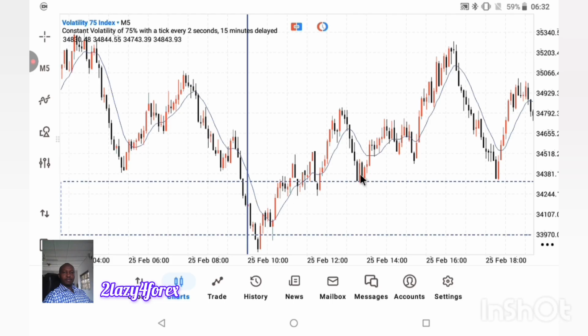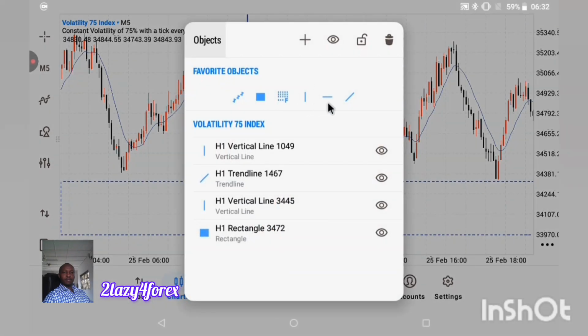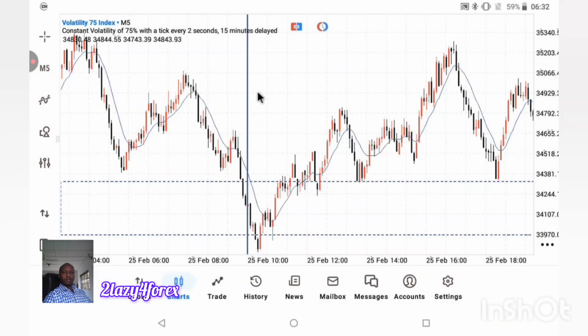Some people apply it, I do apply it. So let's look at it in 2 ways. If you want to look for an entry like this, this is the last high before you touched that distance, just put a trend line. Let's say price was just here, all this has not formed, so you just put a line above the last high you have.